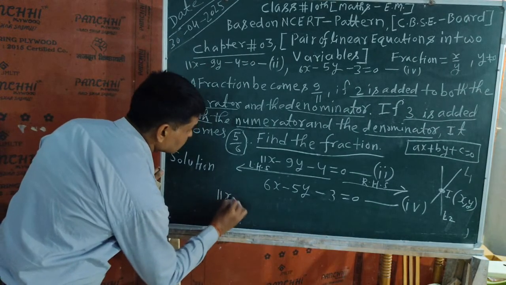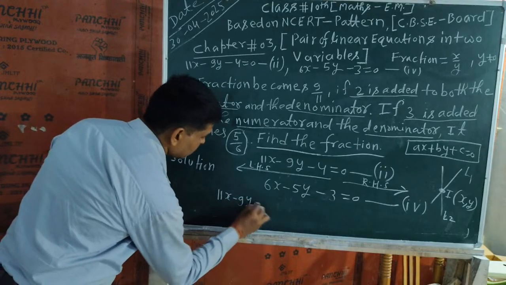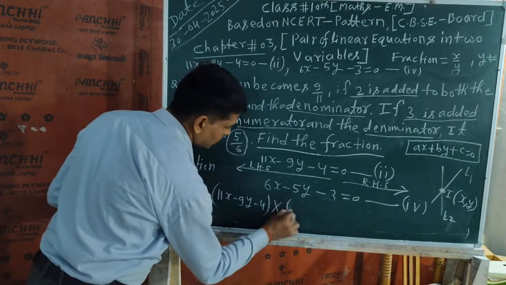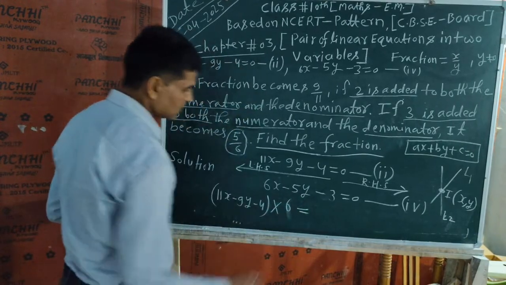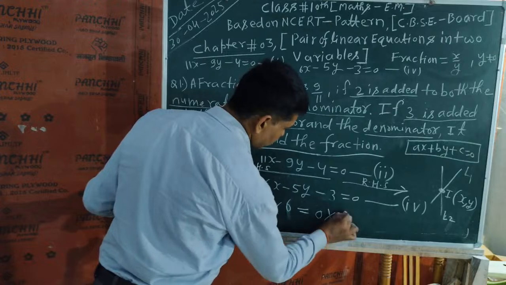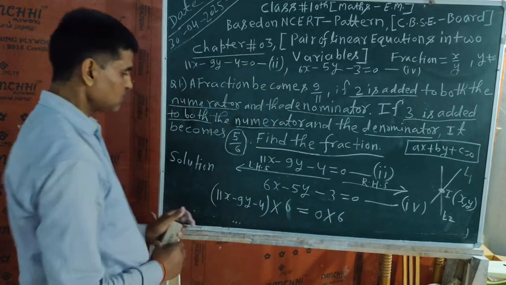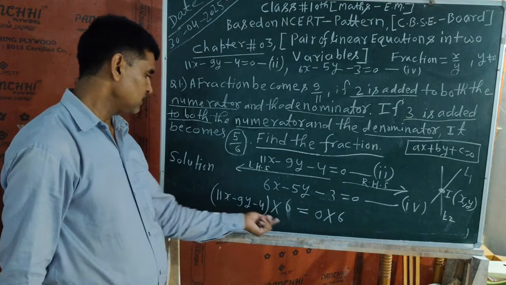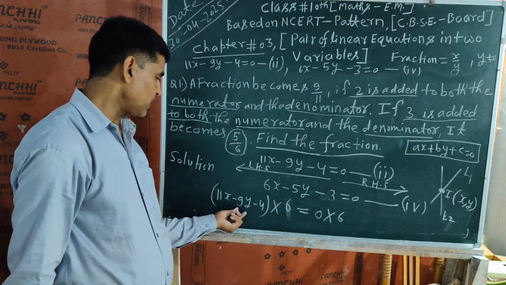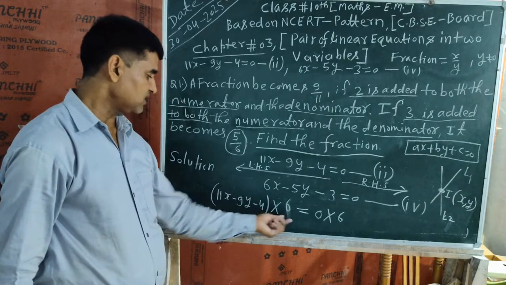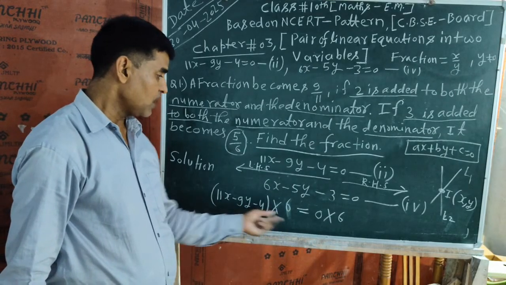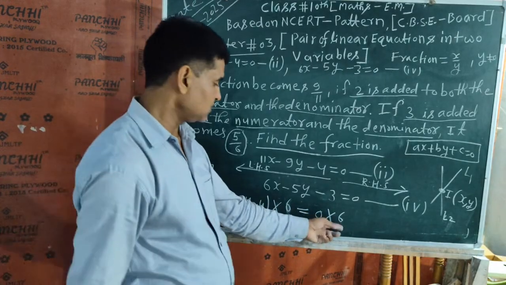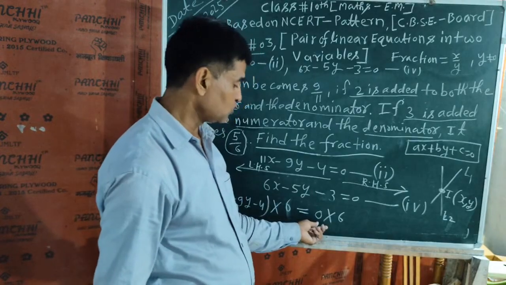So 11x minus 9y minus 4. On the left hand side I am going to multiply with 6, and on the right hand side I am going to multiply 0 by 6. Okay students, so this 6 is multiplied with 11x, this 6 is also multiplied with minus 9y, and this 6 is also multiplied with minus 4, and this 6 multiplied with 0 will become 0.